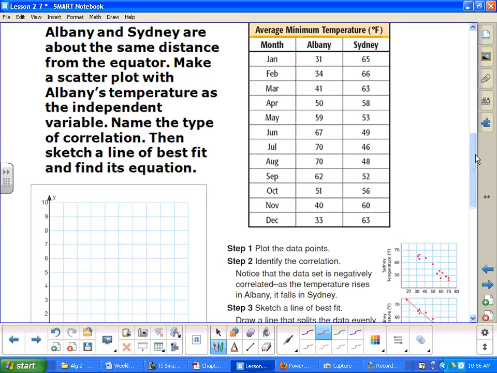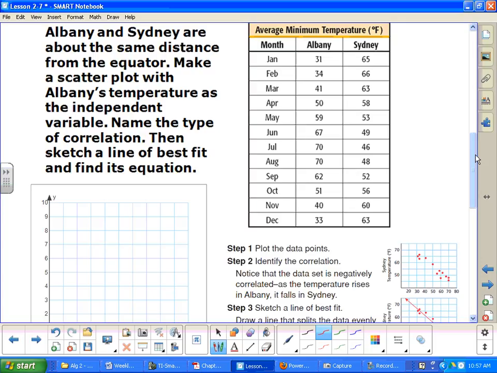Okay. So first of all, we're going to put this data on a scatter plot. Now, do I have to start at 0 when I make a scatter plot? No, not necessarily. I really just need to have my data points there, right?